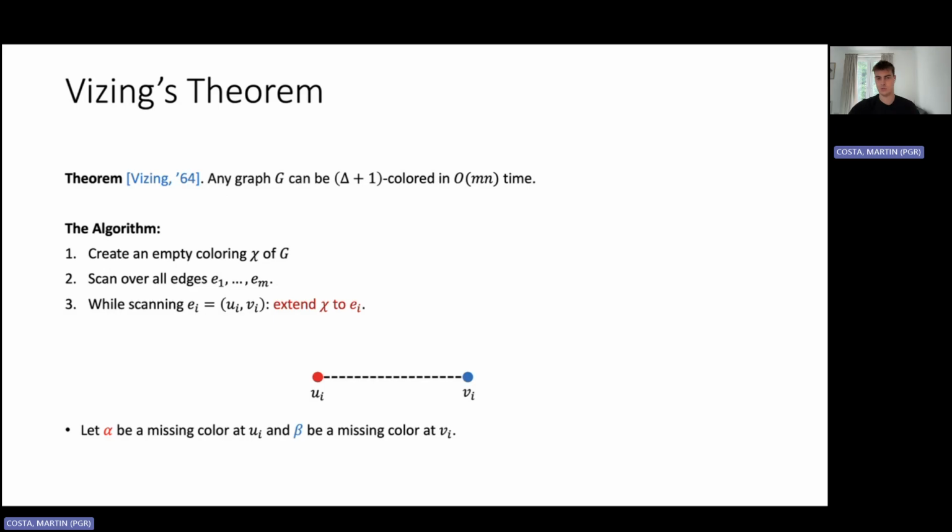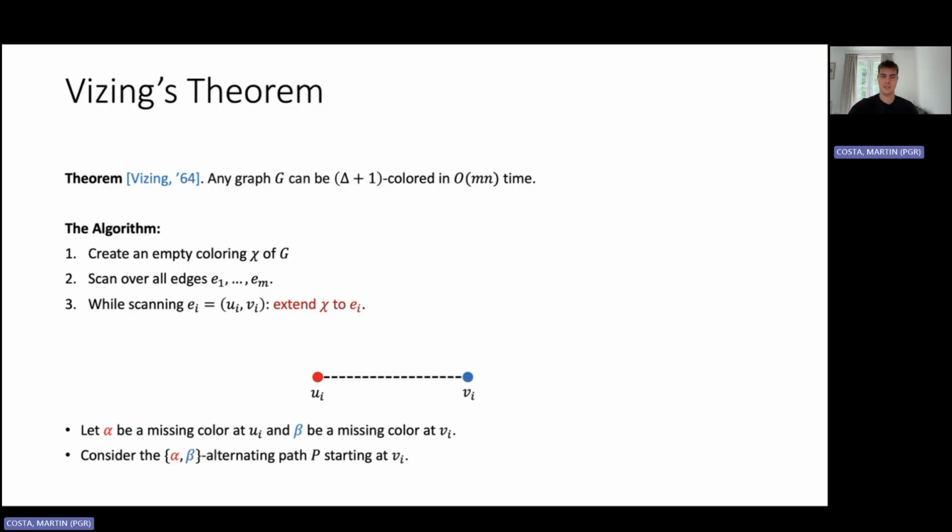Whenever we color an edge with some color, say red, this indicates that there are no other red edges touching this vertex, so red is missing there. We can consider some missing colors at these endpoints, which necessarily exist because we have delta plus 1 colors, and there are at most delta edges incident on every vertex, so there will be some color which is not assigned to any of these edges.